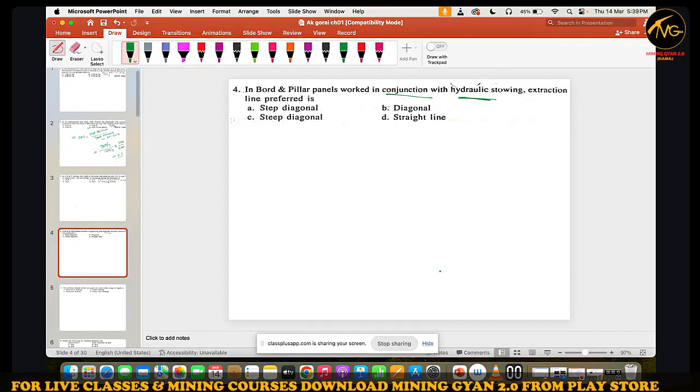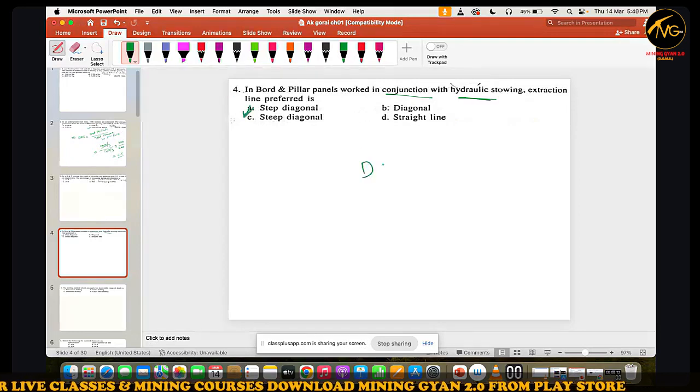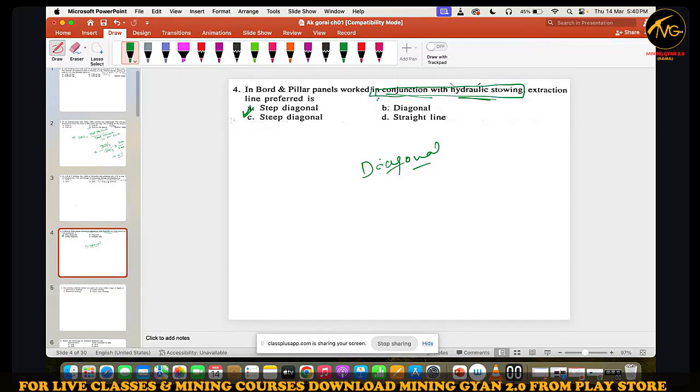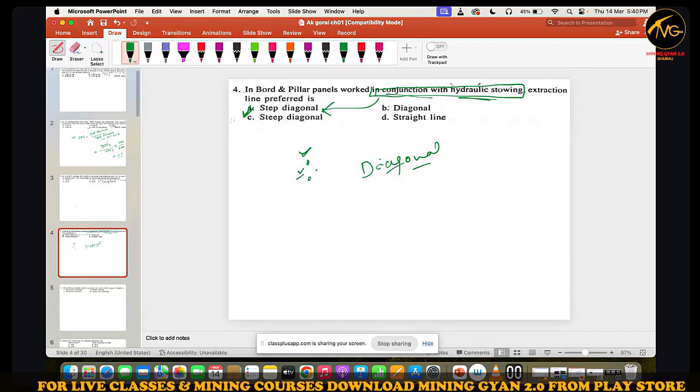Its answer is steep diagonal. I have explained: the diagonal method is generally preferred, but in conjunction with hydraulic stowing, the method is steep diagonal. I told you today also that you should remember these two points.